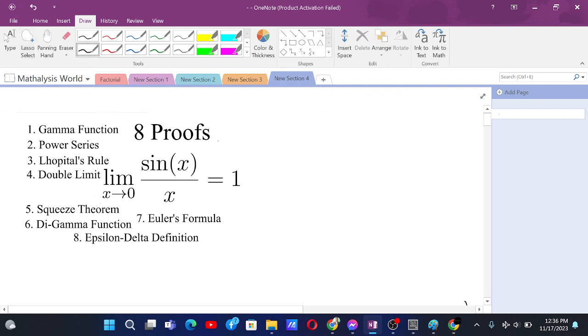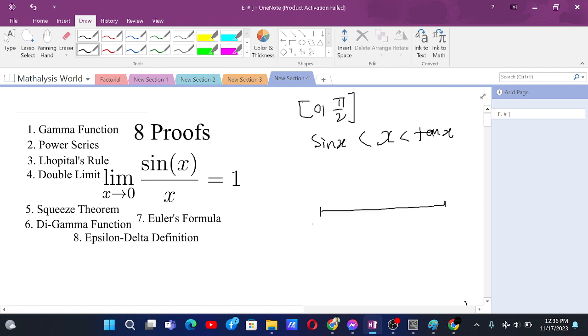Squeeze theorem. For the squeeze theorem, we need to know that in the interval of 0 to pi by 2, sin x is less than x, which is less than tan x. If you want a logical reasoning of why this should hold true, let me see. When our values of x go from 0 to 1, pi by 2 is 1.57 and pi by 4 is around 0.7.